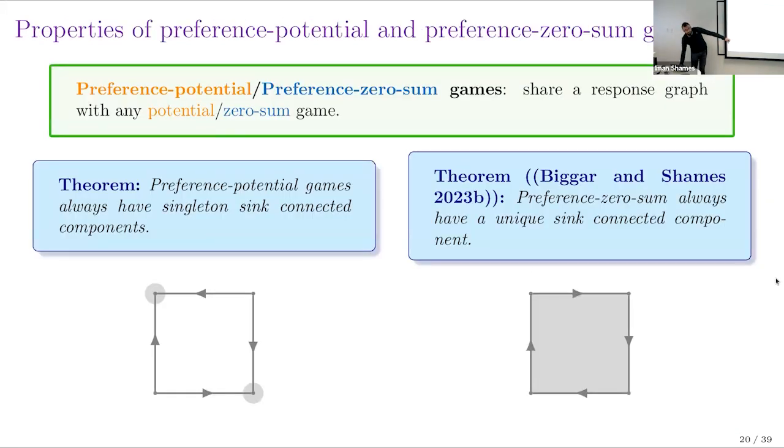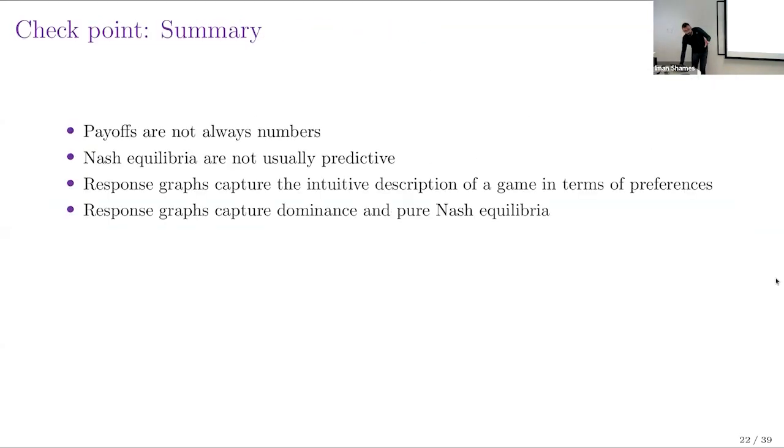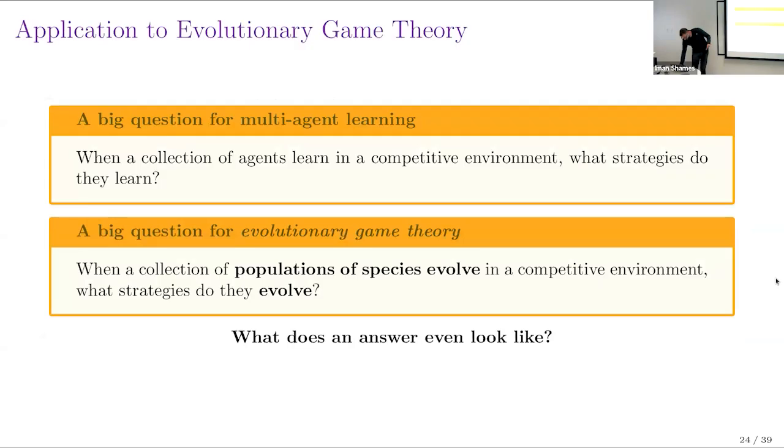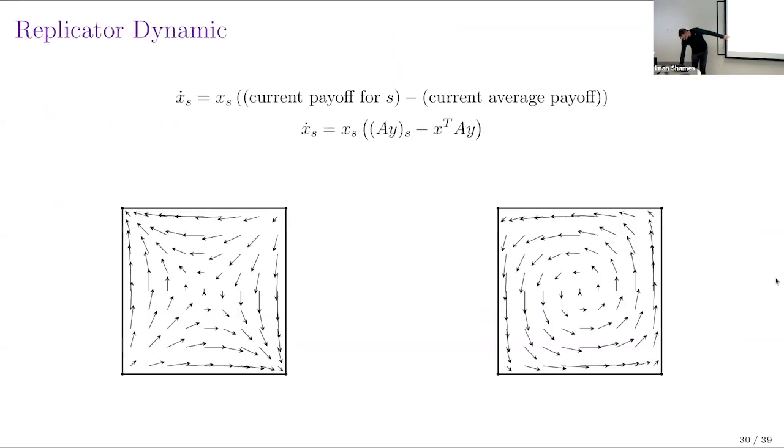Remember that picture? I talked about sink chain components in a discrete object. And now look at these two vector fields. Which one is which? This is the preference graph, and this is the matching pennies one, right? Yeah, this one is coordination.